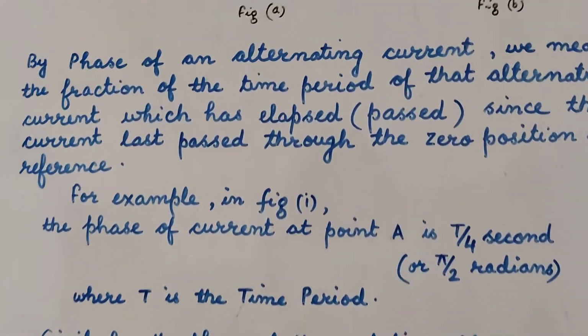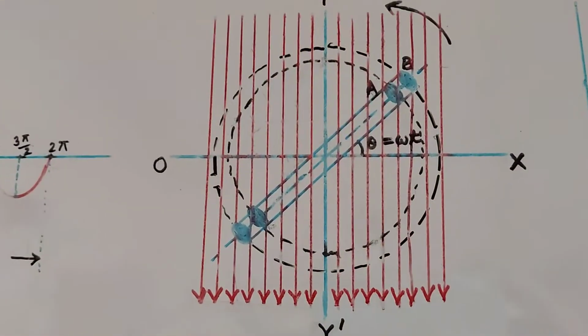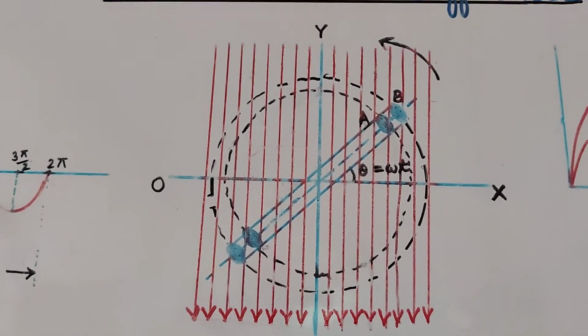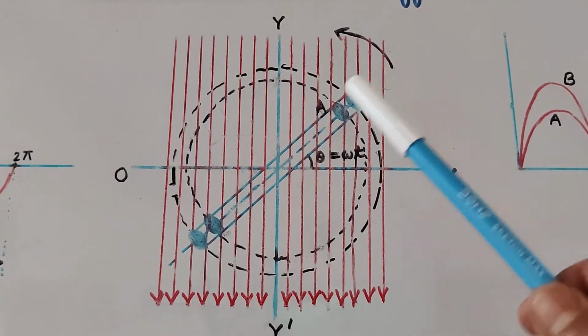Let us see the figure. As you can see in this figure, we have taken two single turn coils.